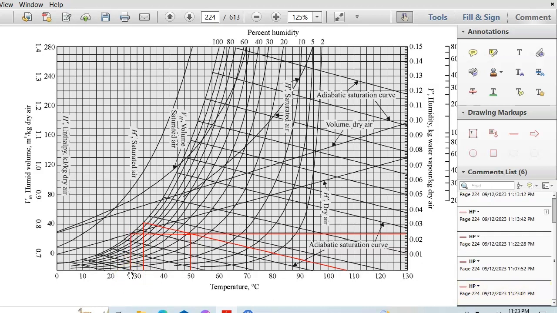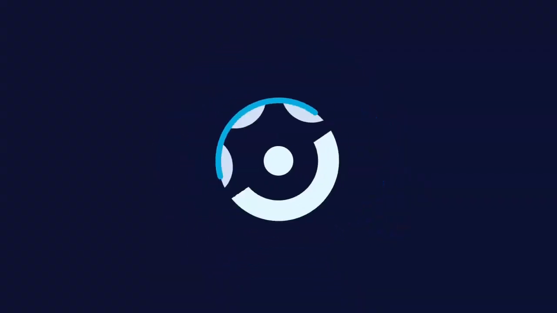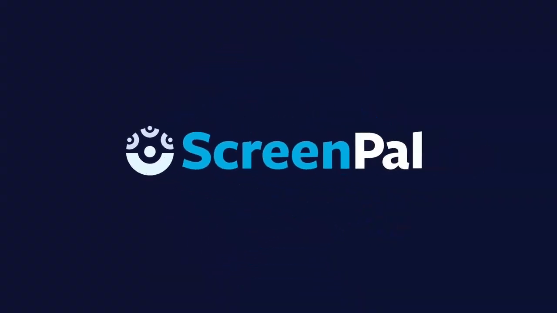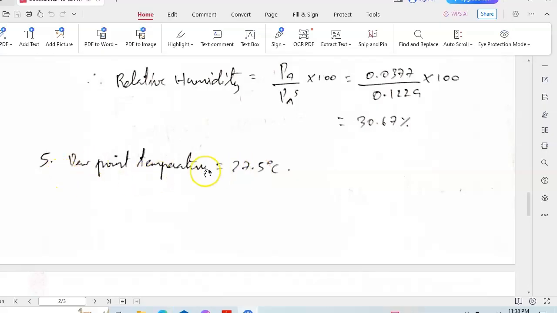We get the dew point temperature. Dew point: 20, 22.5, 25, 27.5. So we get the dew point temperature as 27.5 degrees Celsius.